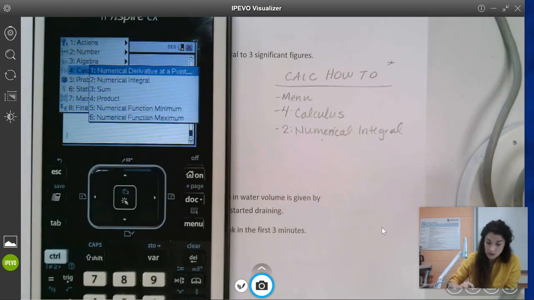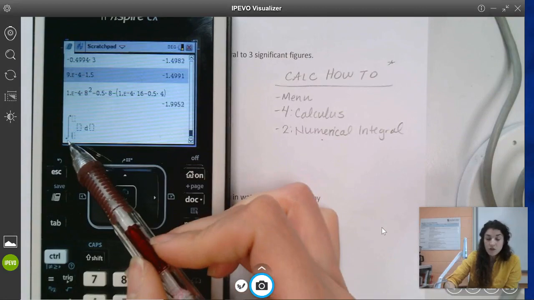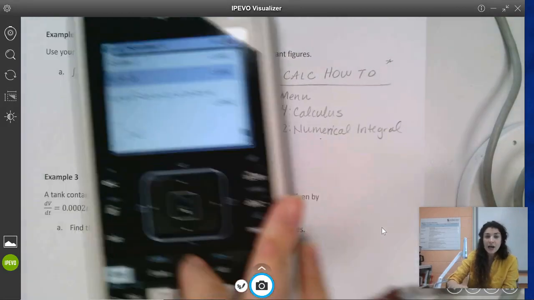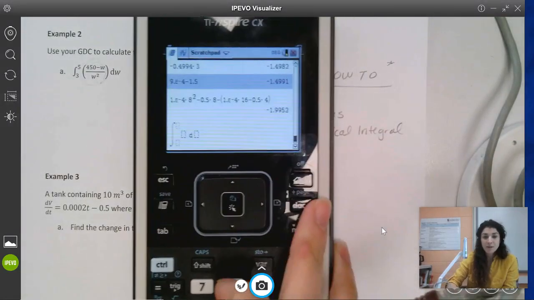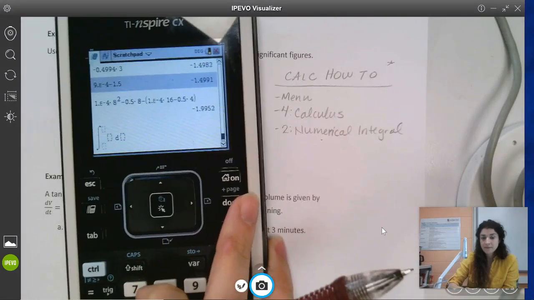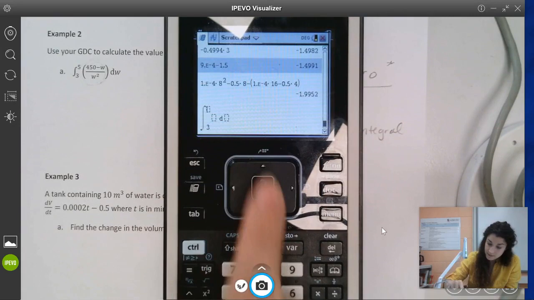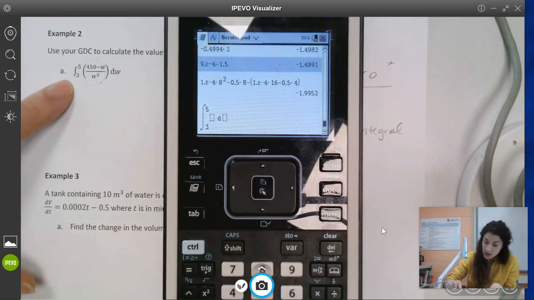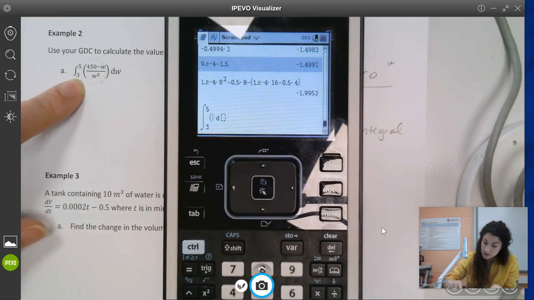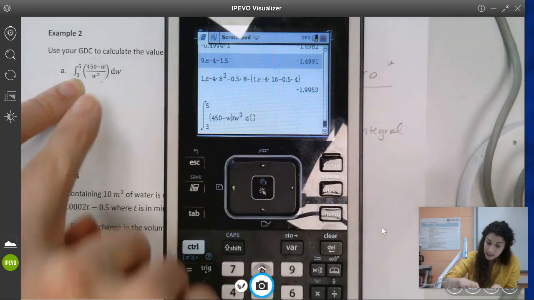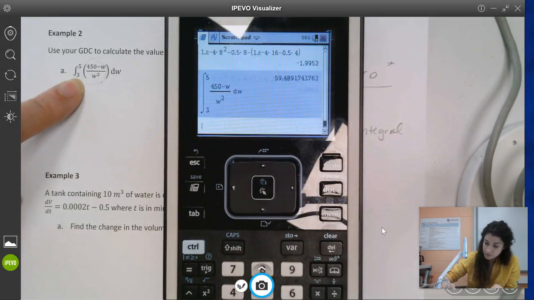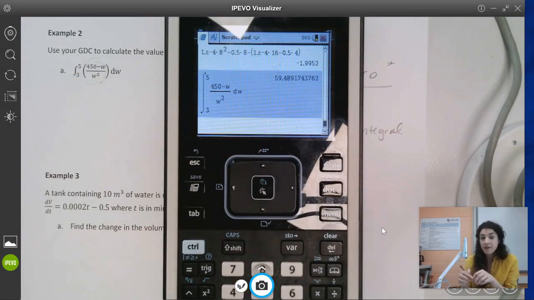The numerical integral, once you click on it, looks exactly like how we set up these problems. So we go from 3 to 5, and then we want to go ahead and write out this equation, dW. And it gives us the value.